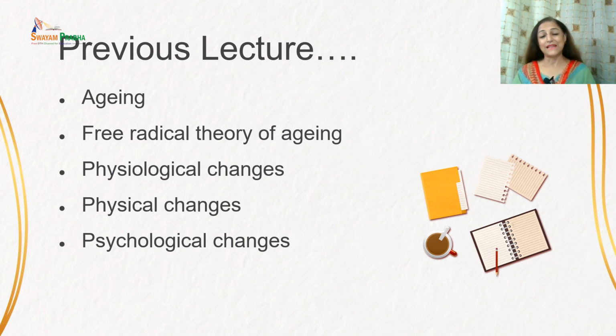In the first lecture of this module, we had studied about the aging process, in which we studied about the free radical theory of aging, and after that we studied the changes associated with aging, that is, what are the physiological changes, the physical changes and the psychological changes, and their effect on the nutritional intake and nutritional status of the elderly.